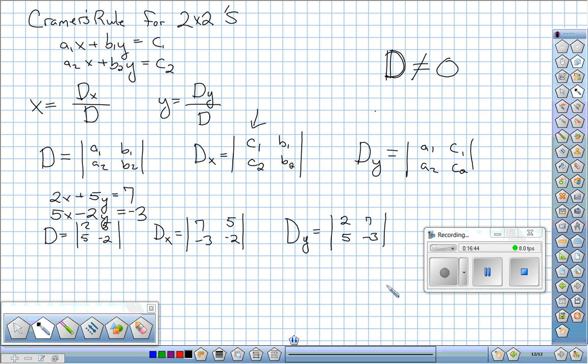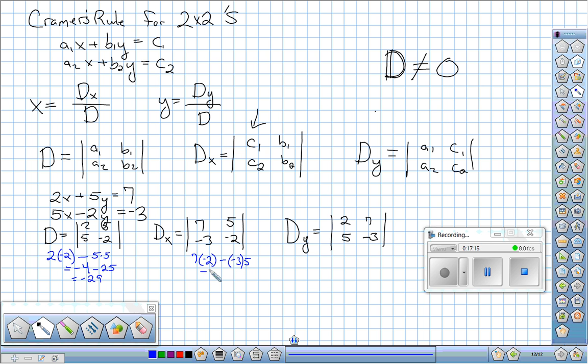So then what we're going to do to solve for x, I'm going to go ahead and actually find the determinants for each of these now. I would have 2 times negative 2 minus 5 times 5, so that will equal negative 4 minus 25, which will equal negative 29. My dx will be 7 times negative 2 minus negative 3 times 5.